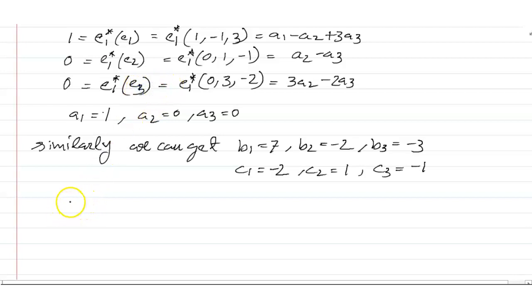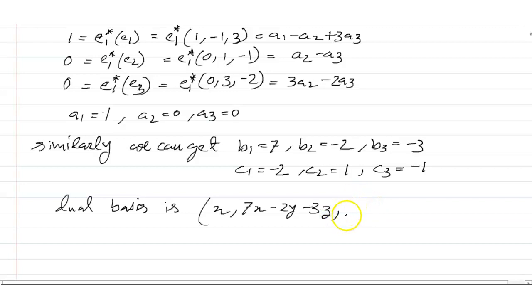So my dual basis is x, 7x minus 2y minus 3z, and minus 2x plus y minus z.